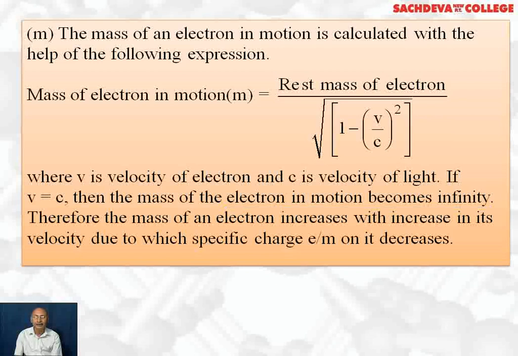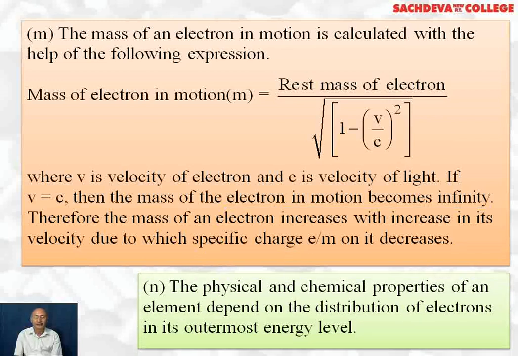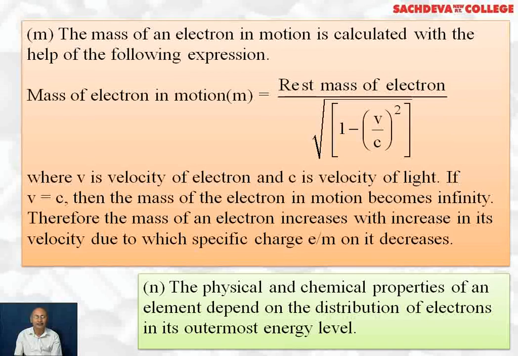Therefore, the mass of an electron increases with the increase in its velocity, due to which specific charge e over m on it decreases. The physical and chemical properties of an element depend upon distribution of electrons in its outermost energy level, that is valence electrons.